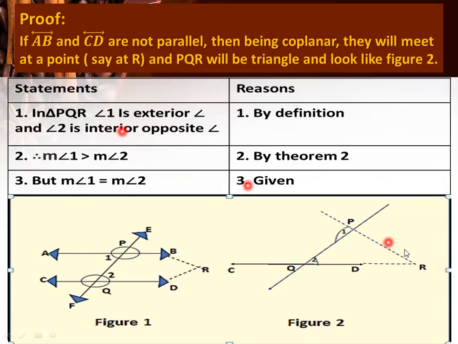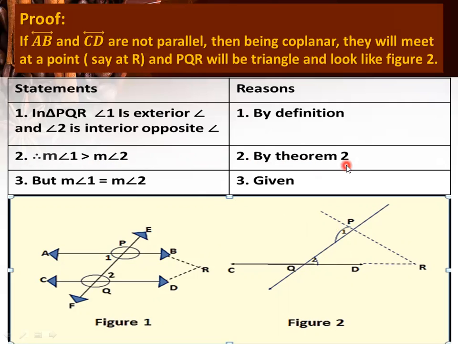Next thing is this one. Therefore, if this is exterior and this is interior, with the help of the definition you will say that the measurement of angle 1 is greater than the measurement of angle 2. As you can see clearly here, this is angle 1 and it will obviously be greater than angle 2. This is by theorem number 2.